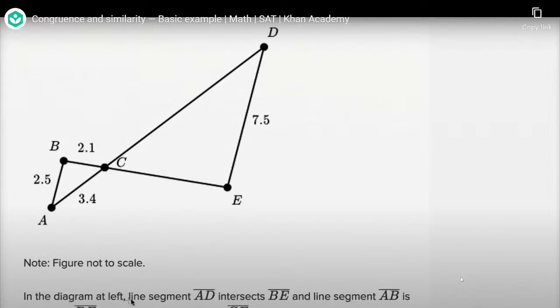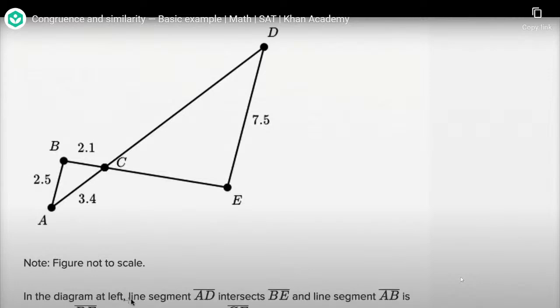Okay, CE. What's CE? CE is equal to BC, right? CE by BC. CE equals K times BC. Then we have AC equals K times CD.